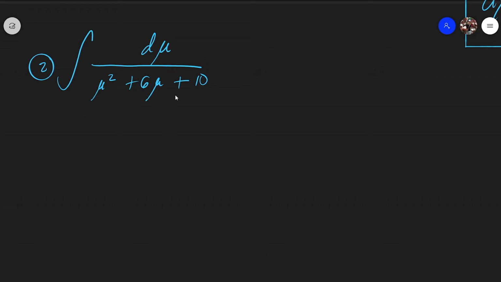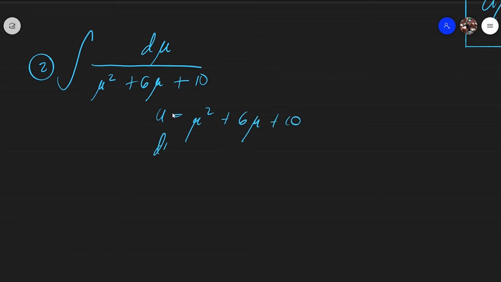Now, obviously, you cannot use the power formula here, right? Because first of all, your n here would be equal to -1. So you cannot use the power formula. If you think that you can use the logarithmic formula, that's also not the case, because if you use the logarithmic formula, your u would be equal to mu squared plus 6 mu plus 10, right?